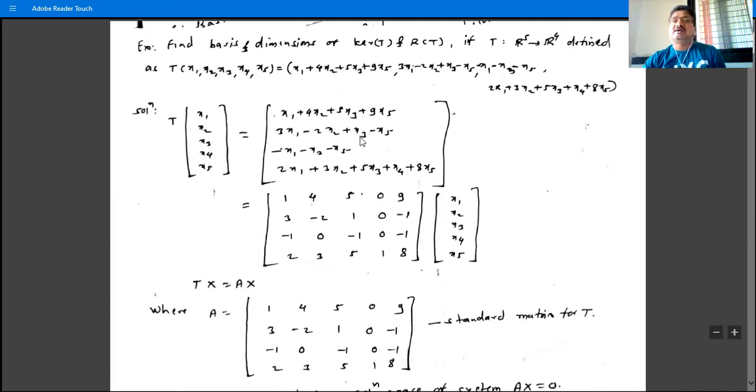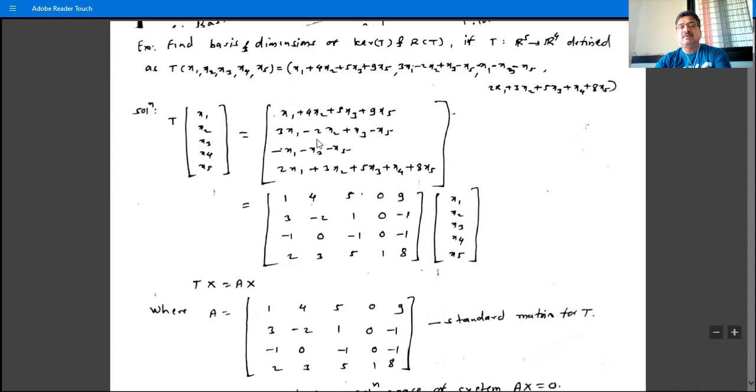This is the linear transformation in matrix form, in order to find the standard matrix. So write this as a coefficient matrix A, and this is X, capital X. What is X? This is x1, x2, x3, x4, x5. And the coefficient of x1 in the first row is 1, x2 is 4, x3 is 5, there is no x4 term so its coefficient is 0, x5 is 9.